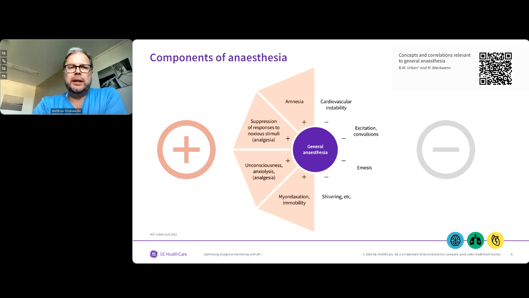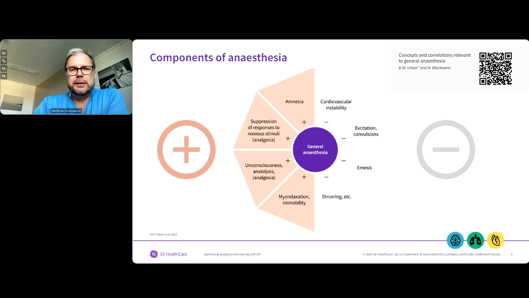With regards to the components of anesthesia and what we do want to affect and what we want to avoid, there's a quite old publication by Bernd Urban from the Bonn University, very interesting and very informative: we want to induce amnesia, we want to induce unconsciousness and myorelaxation, and of course we do want to induce analgesia.